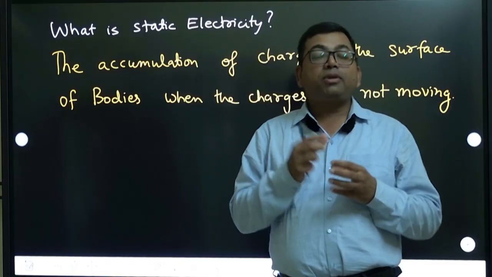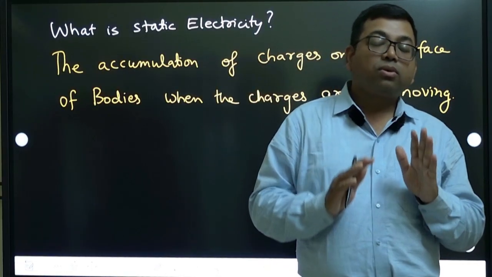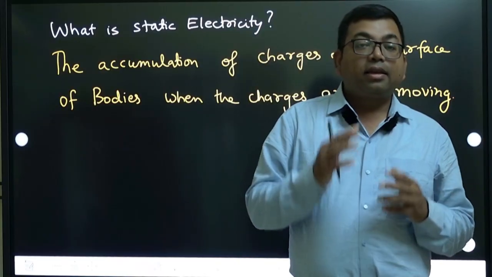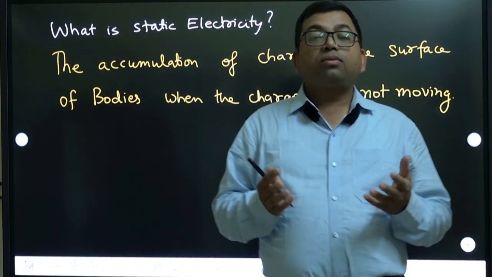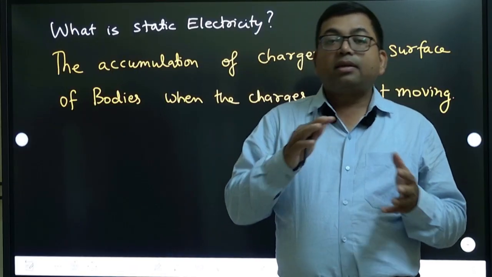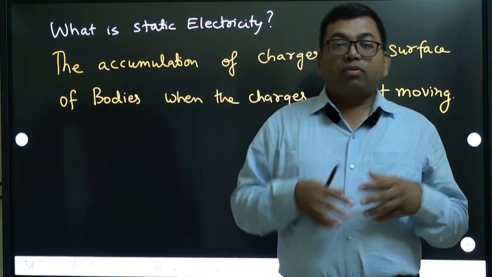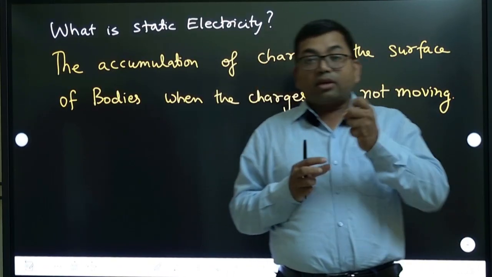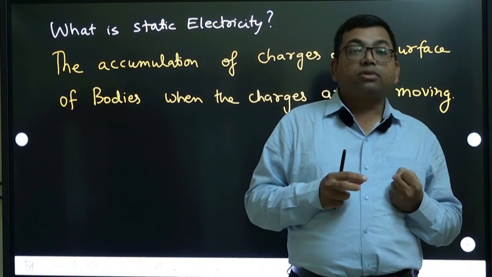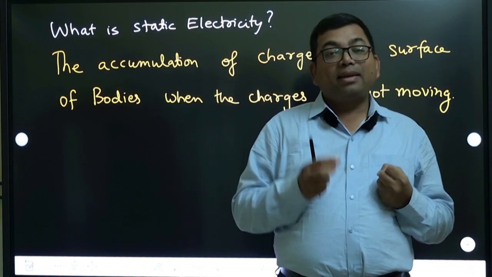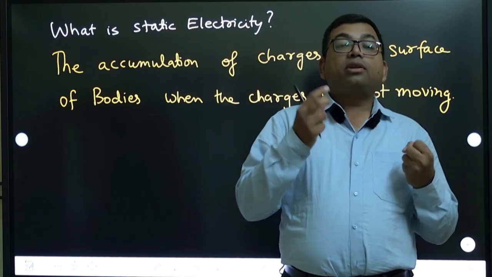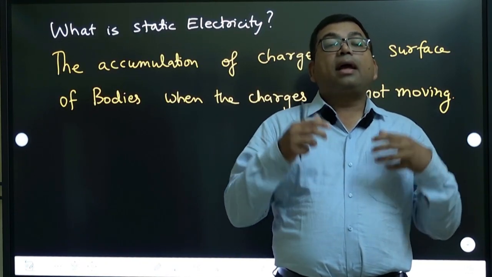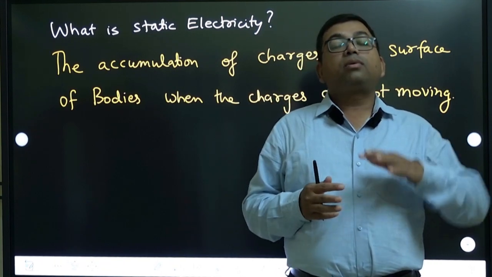So when you are rubbing two bodies, their atoms rub against each other, and the electrons may get knocked out from one of the bodies and go into the other body.